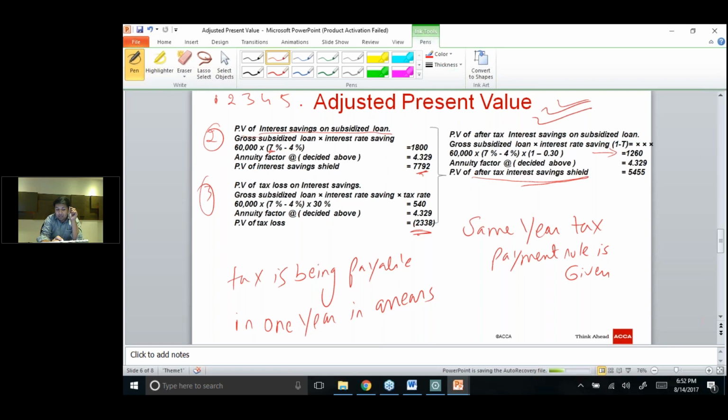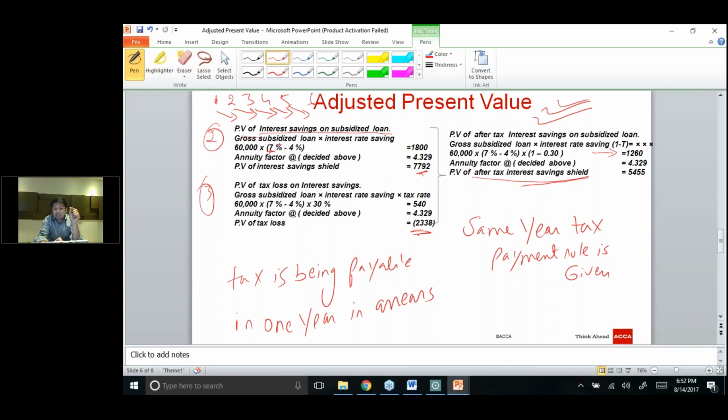But if you are saving interest from year 1 to 5, but tax is being payable in arrears, that means you are going to lose tax on the interest of year 1 in year 2, of year 2 and year 3, of year 3 and year 4, year 4 and 5, and you are going to lose tax on the interest of year 5 in year 6.